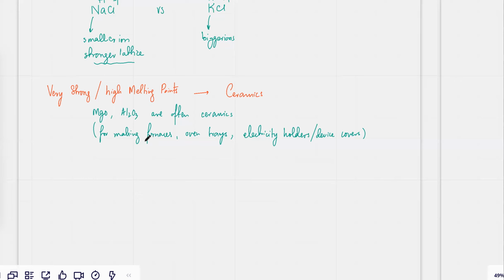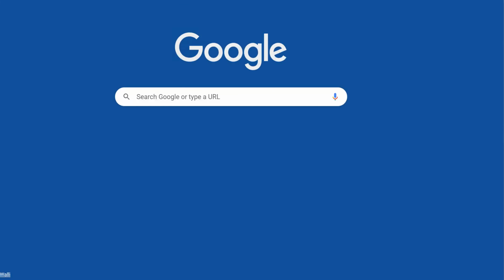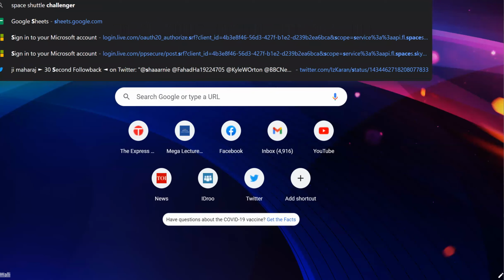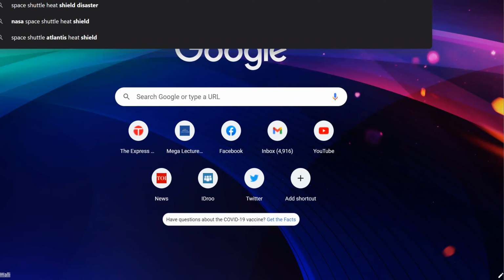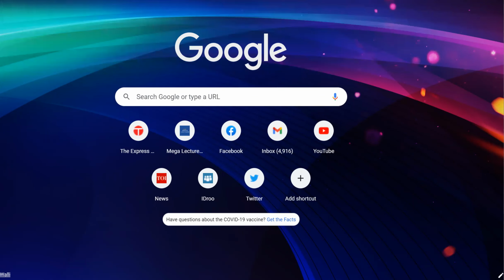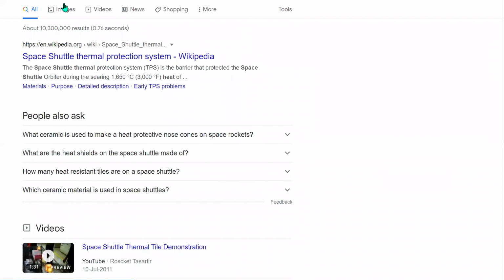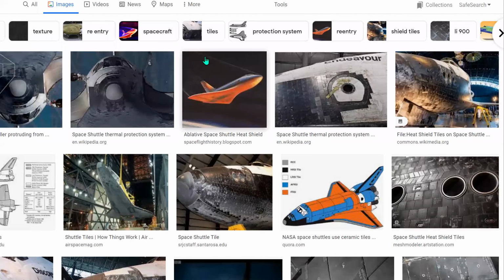Space shuttles and space probes: if a space probe is landing on another planet, it heats up when it passes through the atmosphere. So the outer covering is made out of ceramics. For example, the heat shields of the space shuttle were once made from ceramics. Look at the tiles over here. This is your space shuttle.